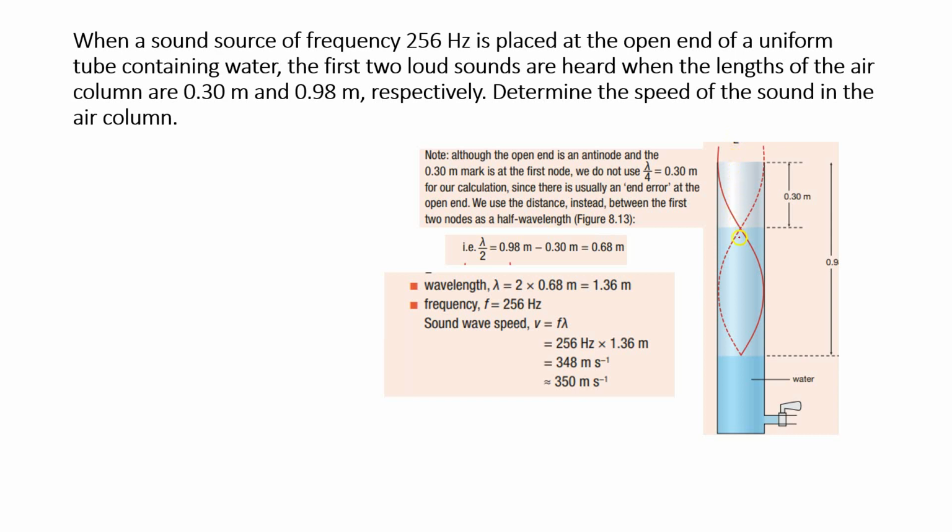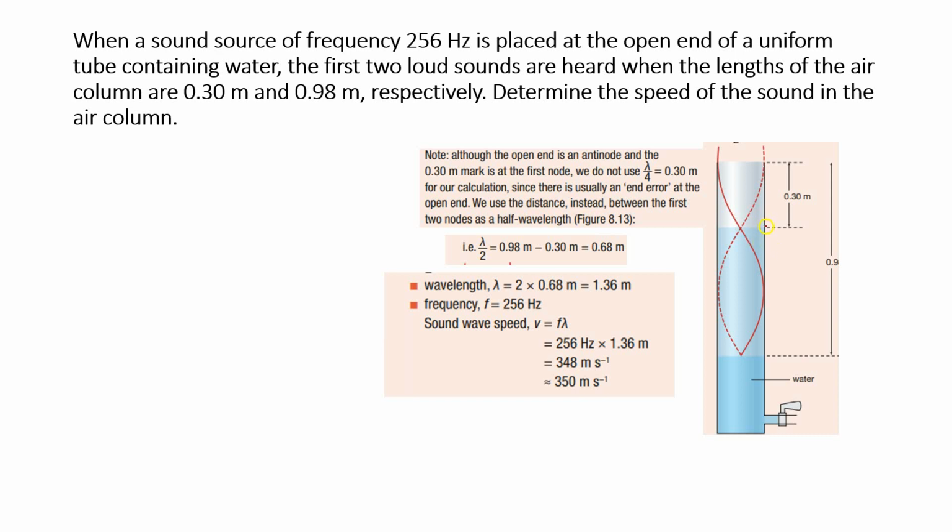Now, as the water is running out, what you would observe is that at some location in the tube, an antinode will be formed. And the antinode just signifies that resonance is taking place, which means that the frequency of the sound wave is now equal to the frequency of the particles vibrating inside of the air column.